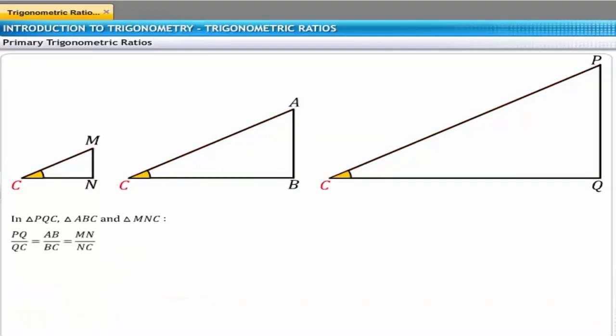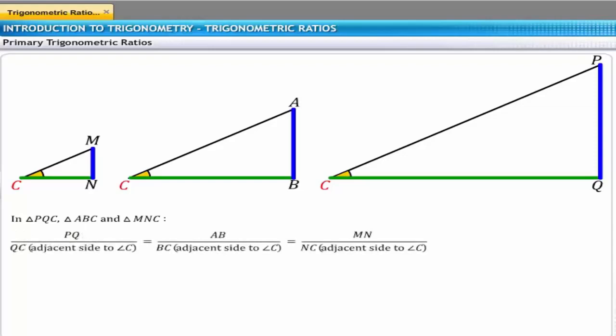Similarly, for triangles PQC, ABC, and MNC, the ratio of sides opposite to angle C and sides adjacent to angle C is constant.